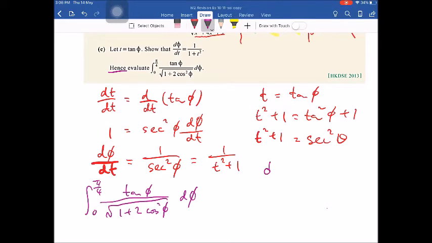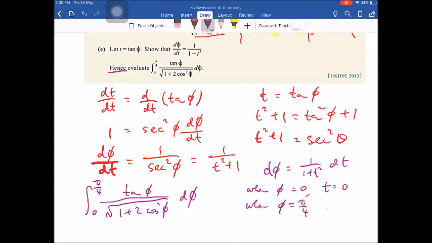d phi, you know that d phi is equal to dt over 1 plus t squared. You're going to change this, and this is t. When phi is 0, t is also 0.